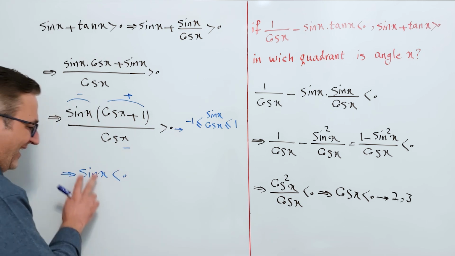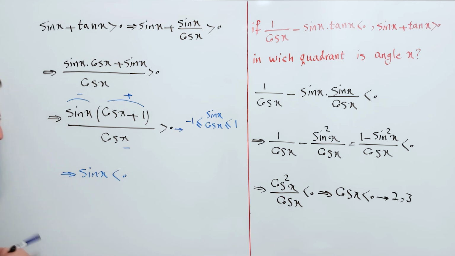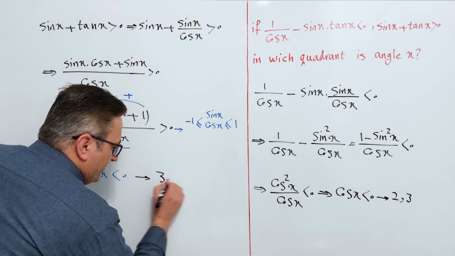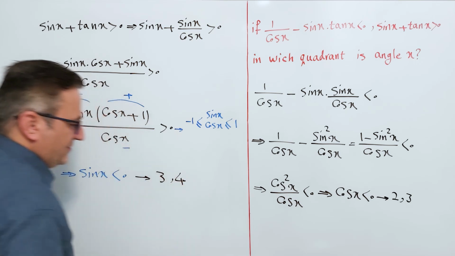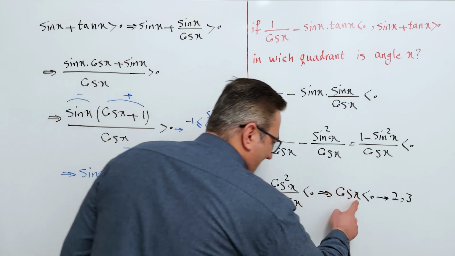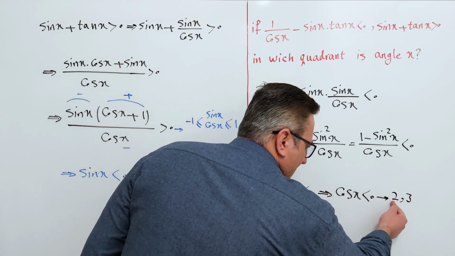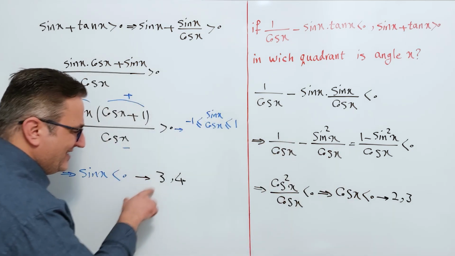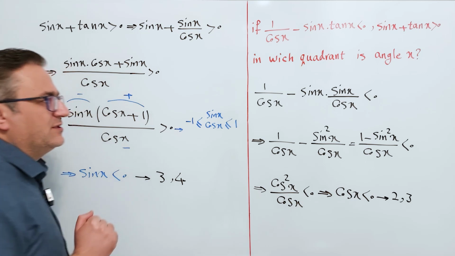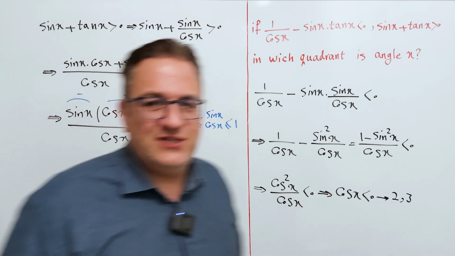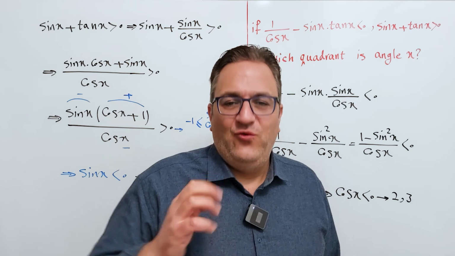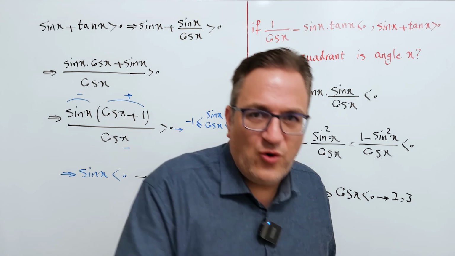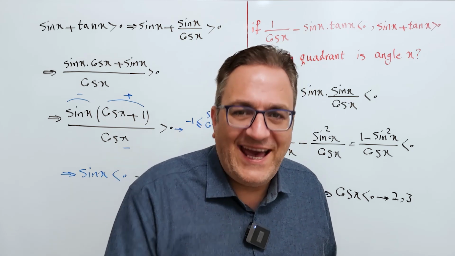So since sine x is negative, we know that x lies in the third or fourth quadrant. So we know that x is in the second or third quadrant, and here we know that x is in the third or fourth quadrant. Therefore, the common region is the third quadrant, which means x must be in the third quadrant for both inequalities to hold at the same time.